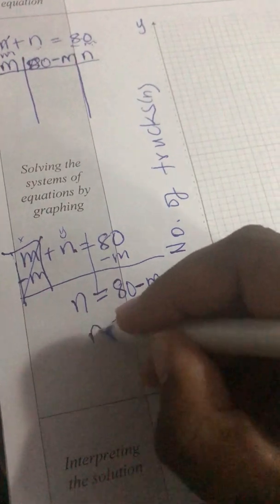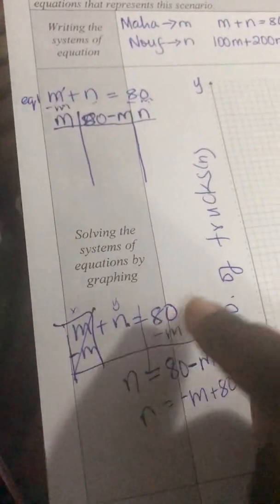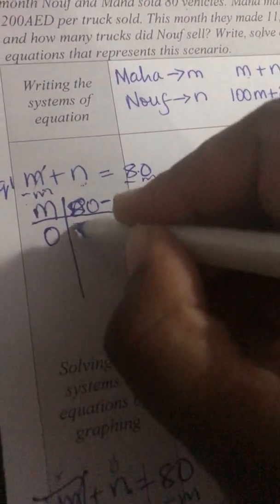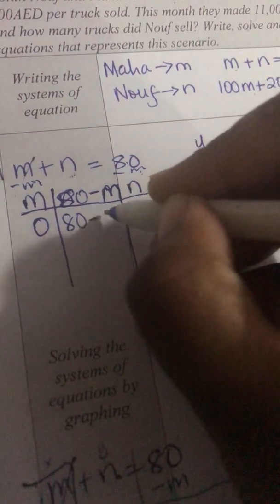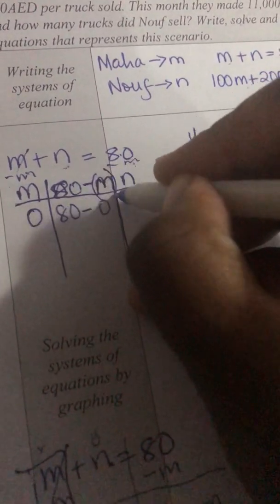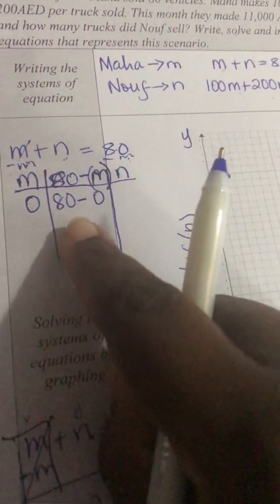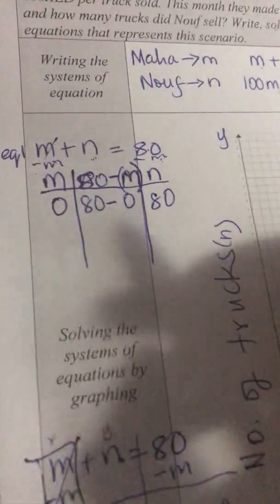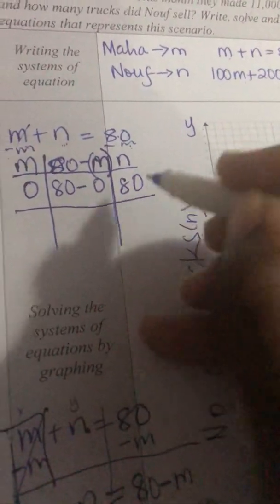It doesn't matter, whichever one I want. I'm going to do 80 minus M. When M is 0, so I have 80 minus 0. Remember your M is in bracket, okay? 80 minus 0 is 80. So that's my first point.